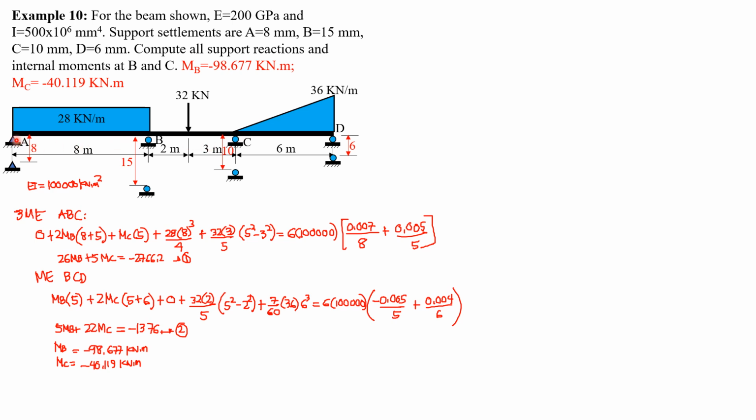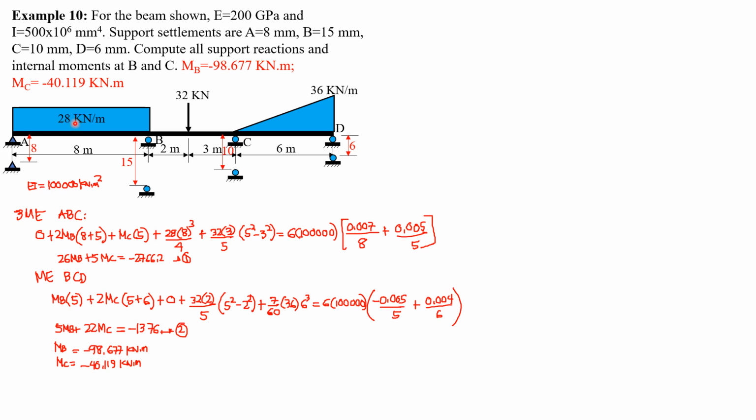Remember that the moment at A is 0 and at D is 0, these are end supports, pin supports and roller supports. So moment at A is 0 plus 2 times moment at B, quantity L1, which is length of AB 8, plus L2, length of BC 5, plus moment at C times L2, which is 5, then plus 6 area 1A over E1 I1 L1.